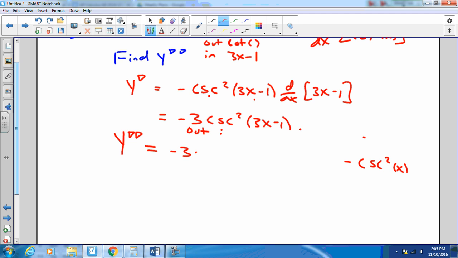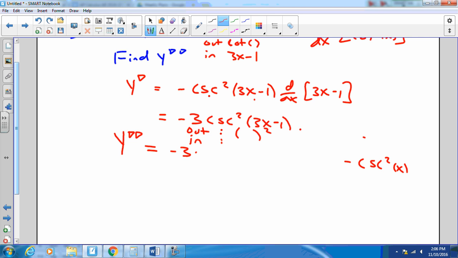The outside should be cosecant. Okay. Do you have a derivative rule for cosecant squared? No, not cosecant squared, but cosecant. What's your outside function? Let's just put the square out.